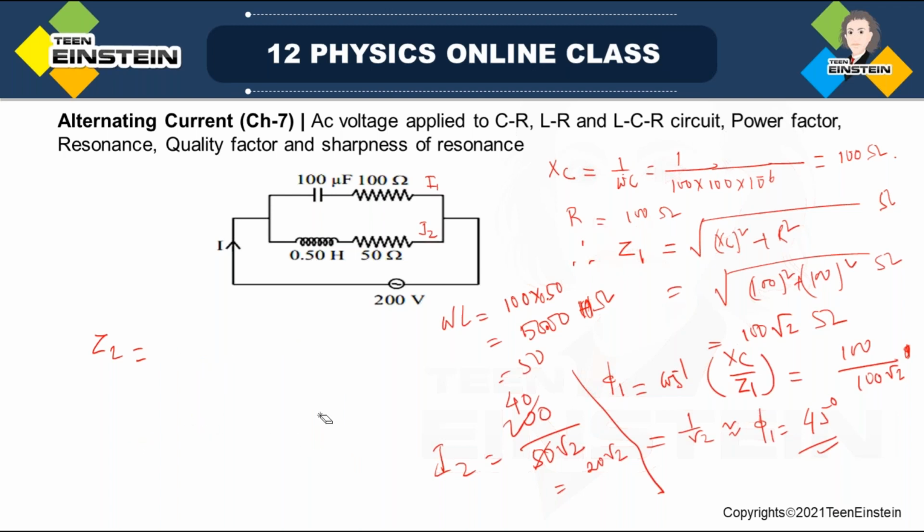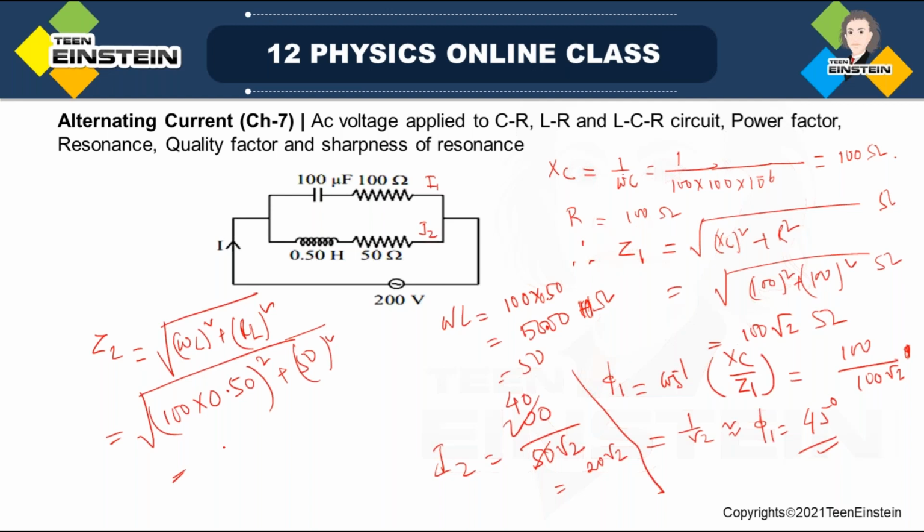I2 I have to calculate, right? So before I2 is calculated, omega into L, omega is 100 into L 0.5, square plus 50 square.